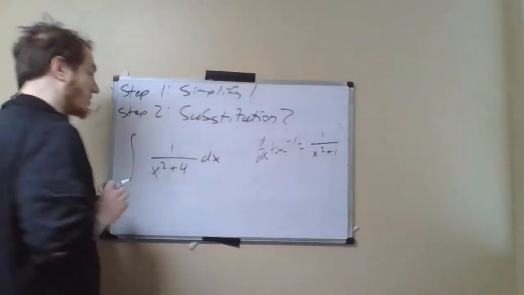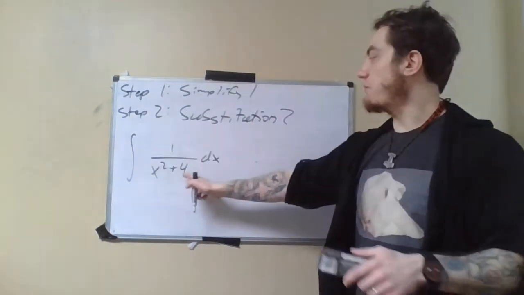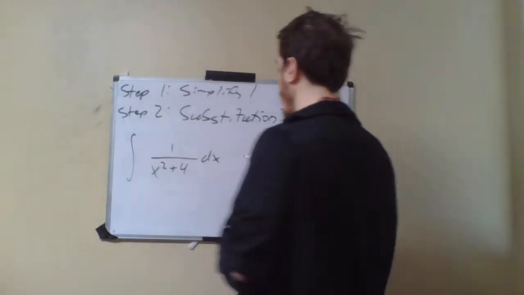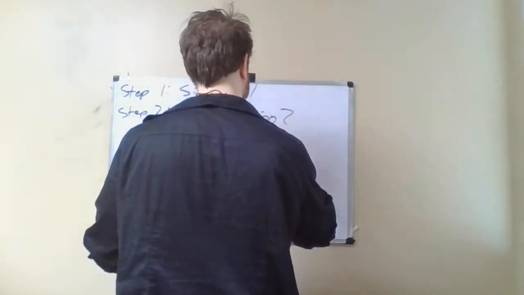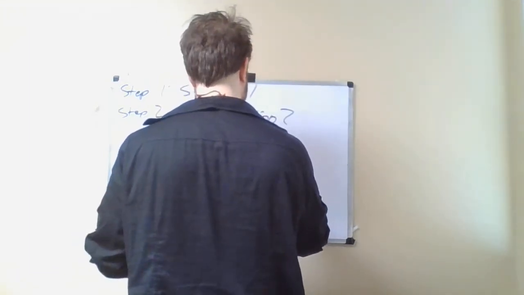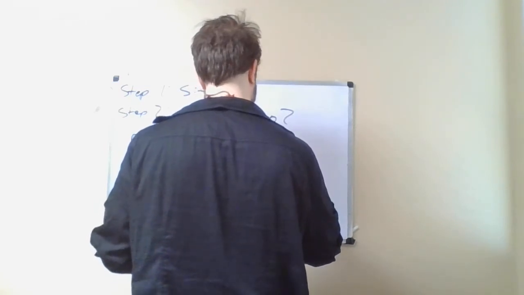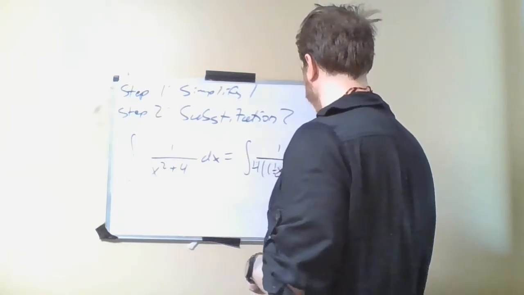And so what I'm going to want to do here is essentially factor out a 4. So I'm going to rewrite this as the integral of 1 over 4 times (1/2 x) squared plus 1 dx. I'm having a lot of trouble writing my parentheses today.